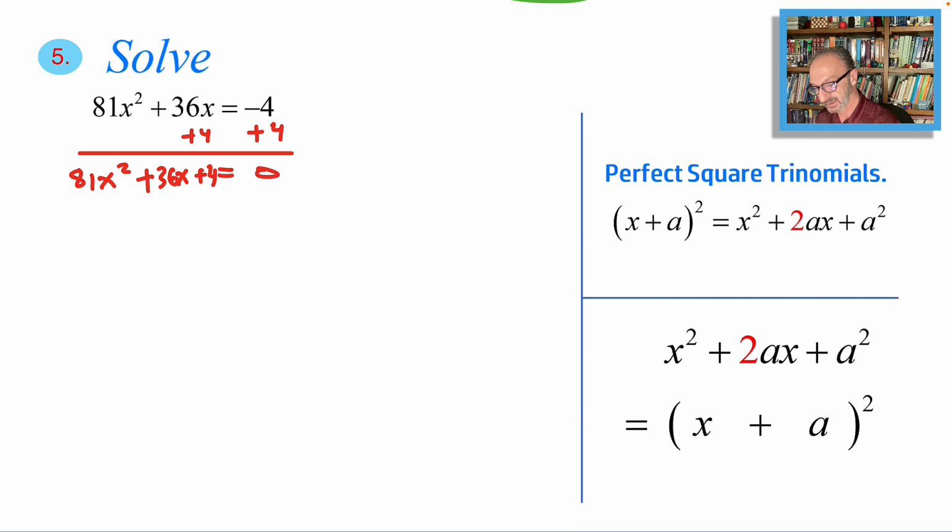Now this right here is similar to this right here. So we're going to apply it this way. Here's 0. We're going to go down to this format with a plus sign and a square, just like this right here.